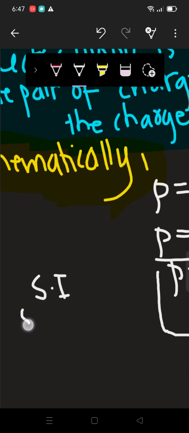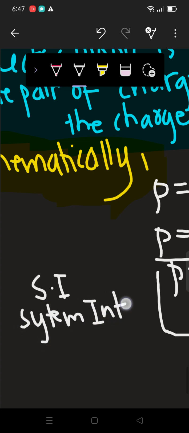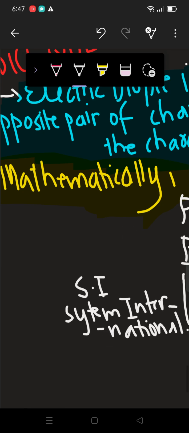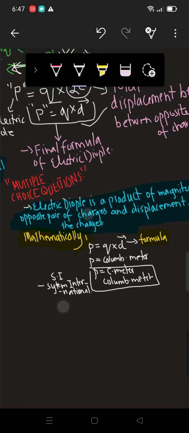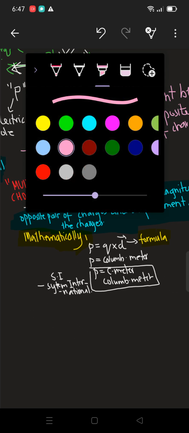SI unit means System International. Let me highlight this, then I'm going to tell you the non-SI unit for the electric dipole as well.